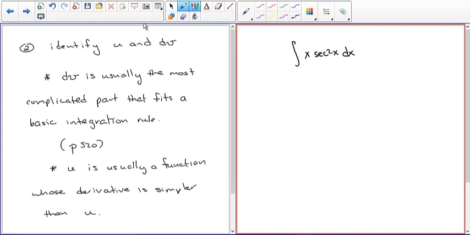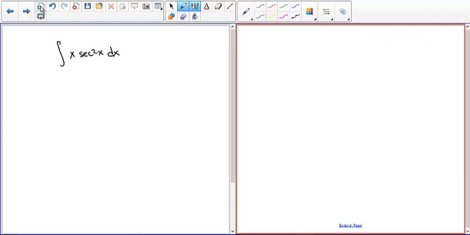Why don't you try that one there? Because this is kind of different. I don't have x squared, so it's not a multiple step.